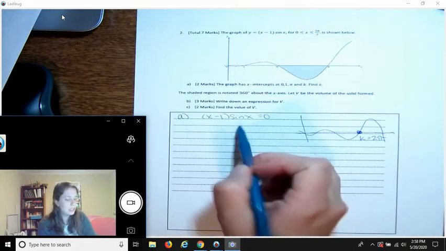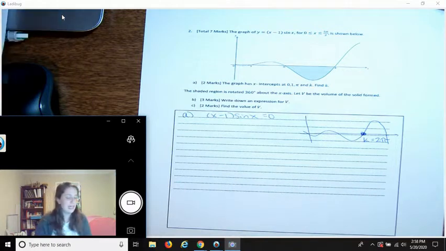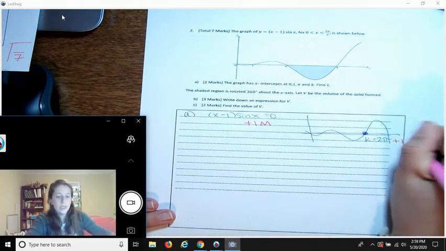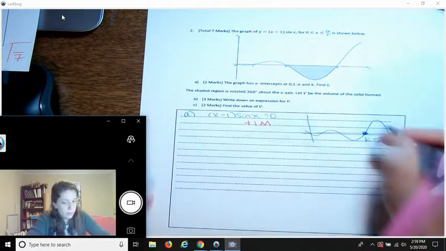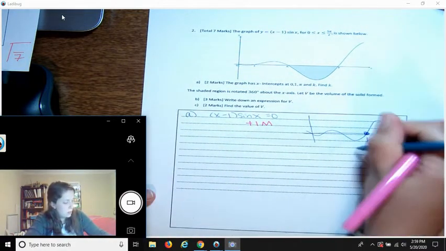But just looking at this, sine of 2 pi is what gives you 0, and so you should recognize that. So you would get 1 point for setting up this equation, and plus 1 for your answer. And you could also have 6.28, and I would accept that.